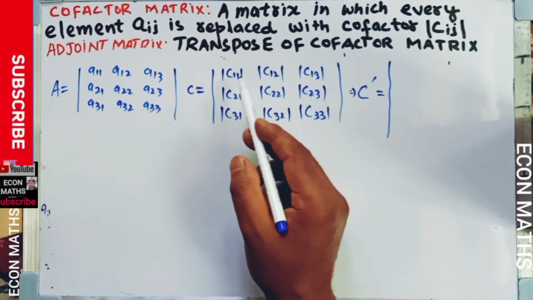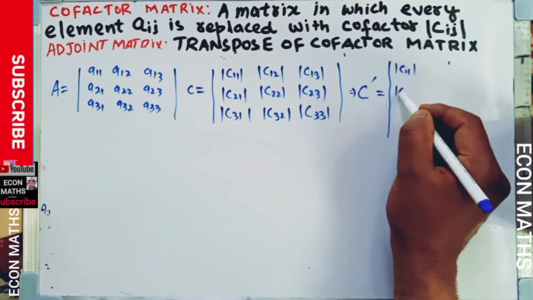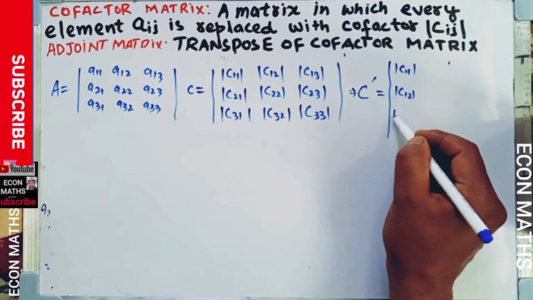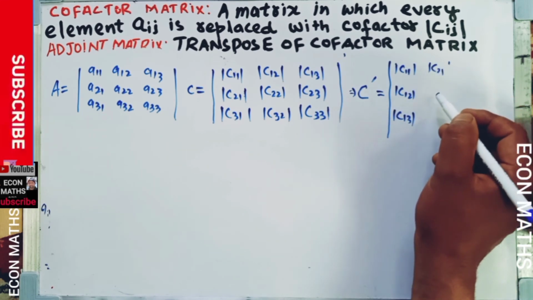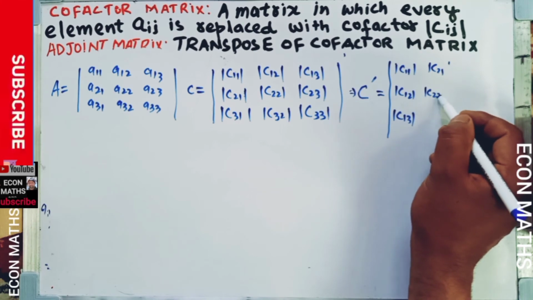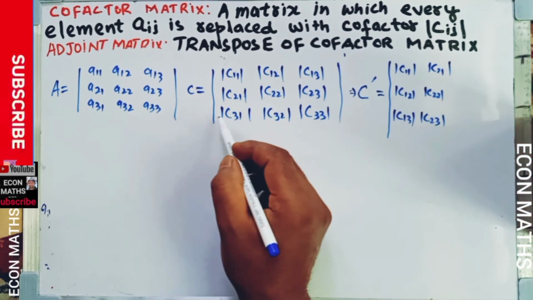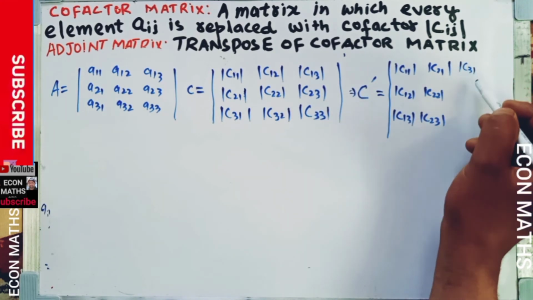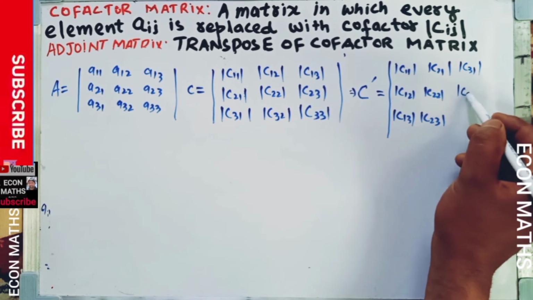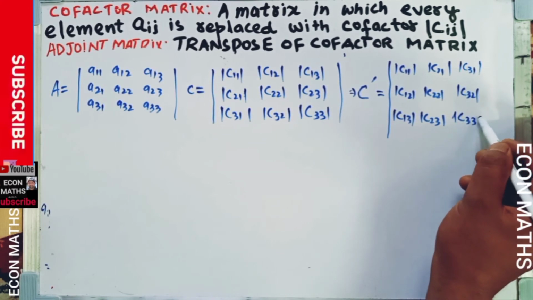So this row will become column: C11, C12, C13. Similarly, this will become C21, C22, and C23. Similarly, this row will become the column, that is C31, C32 and C33.